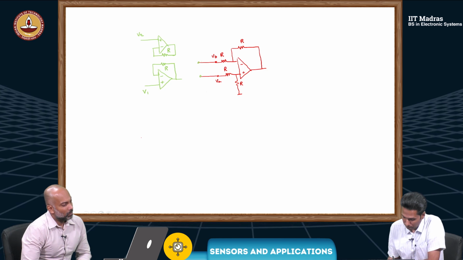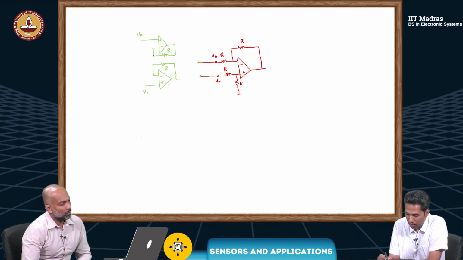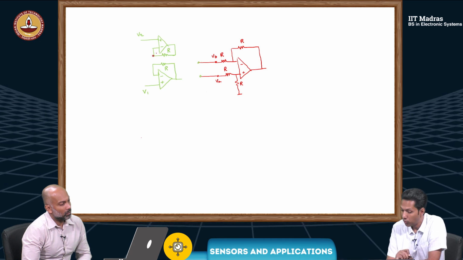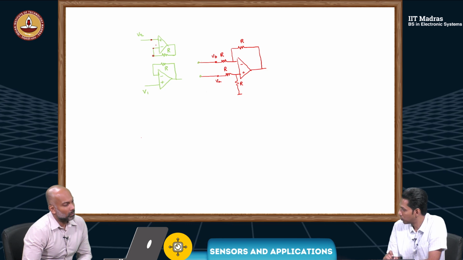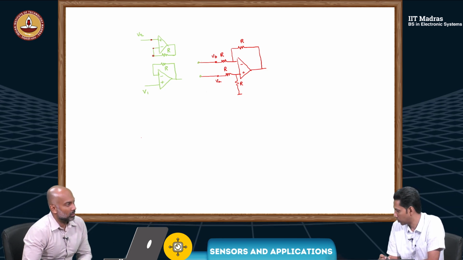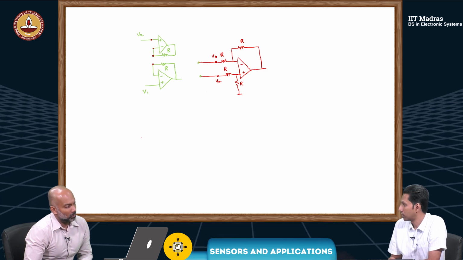Now we'll do some small modification. So this terminal has got V2 volt, because if this is at V2, this will also be at V2. This terminal is at V1.